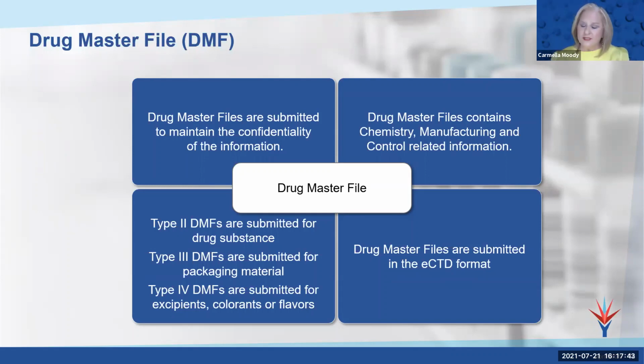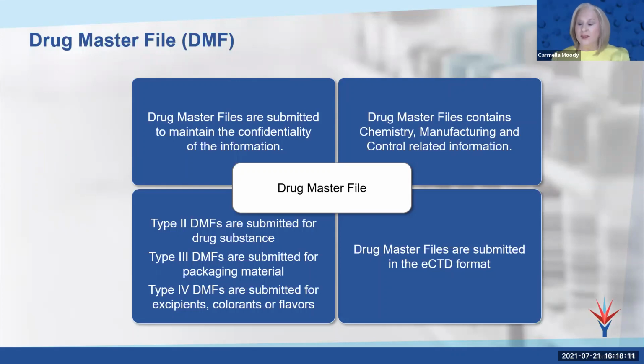remember, a thing to remember about a drug master file is that the information is submitted to the agency, but the FDA does not review a drug master file for quality and acceptability until your application comes in and you cross-reference that drug master file.